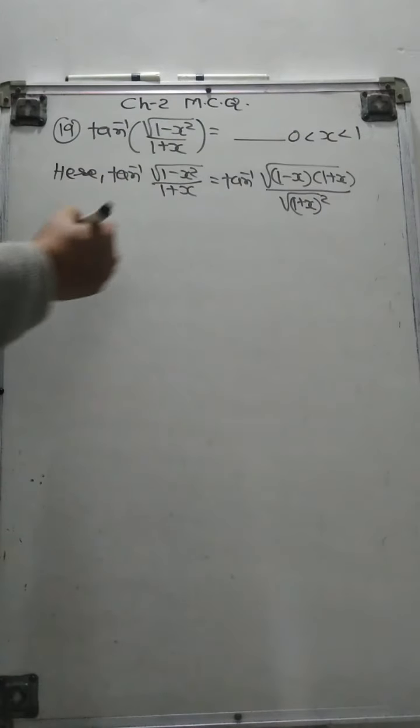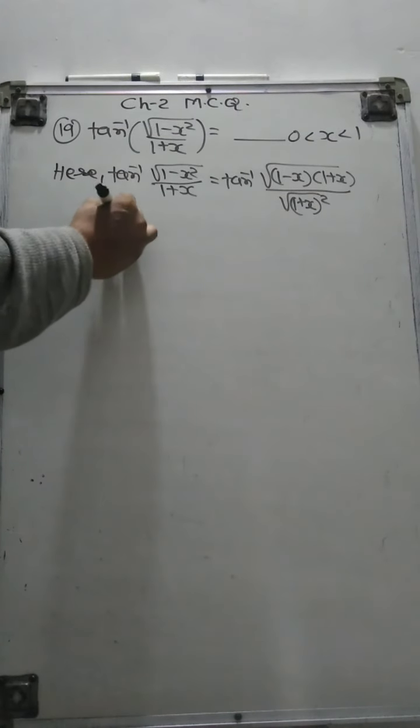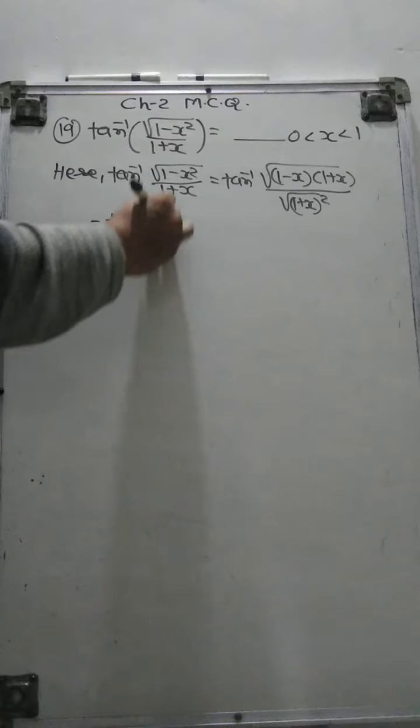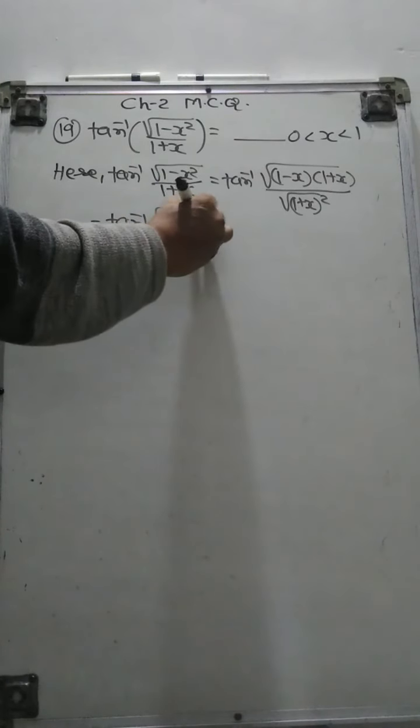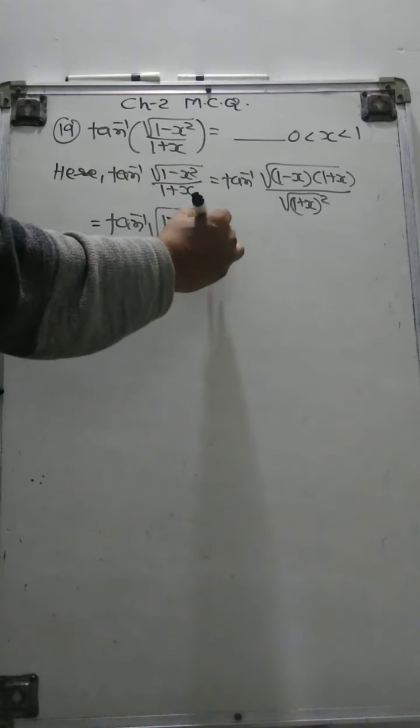So root 1 plus x is cancelled. So we have tan inverse root of 1 plus x, 1 minus x upon 1 plus x. Okay.